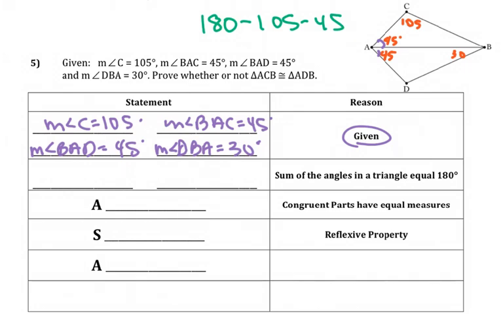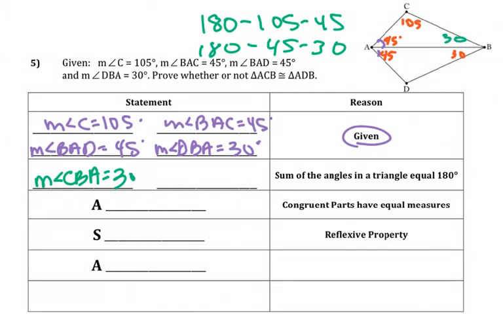And so then you get that the measure of CBA is equal to 30 degrees. And then you're going to do 180 minus 45 minus 30, and you'll get angle D. So let me put, this is 30, and then D is 105. And so you could put D, you could also put ADB.